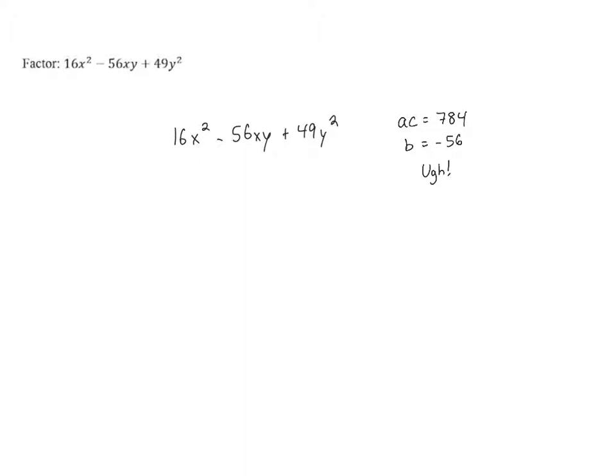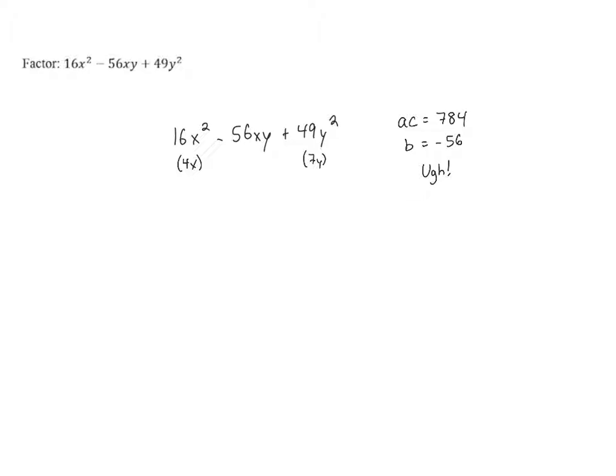Ugh, that is challenging. 784 is a very large number with a lot of factors. Is there an easier way to do this? Some of you may have noticed there are some perfect squares here. If you look at the first term, 16x squared is 4x quantity squared. 49y squared is 7y quantity squared.